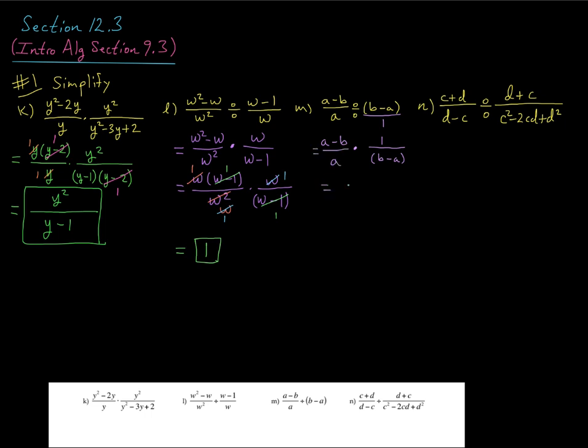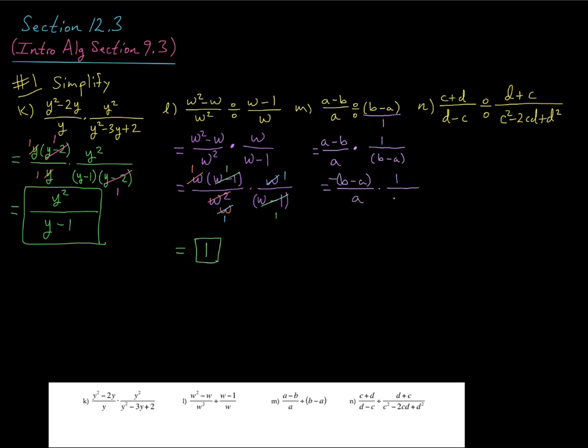Now notice, this is like a couple videos back: a minus b and b minus a. It's the same letters, a and b, it's just that the order of subtraction is flipped. So what I can do is flip this so it becomes a b minus a, but then I'm going to introduce a negative in front.